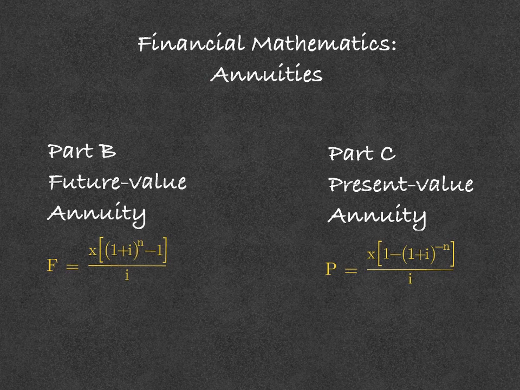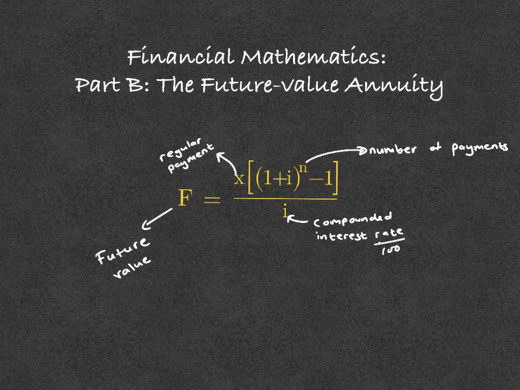So in this lesson we're going to focus on future value annuities. Okay, let's look at the future value annuity formula. We've got F as the subject of the formula, and that stands for the future value. That is a monetary value.